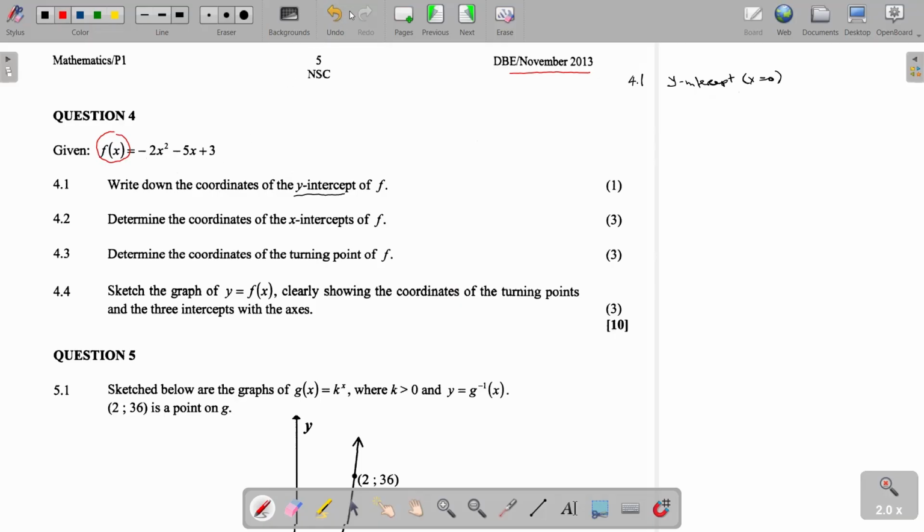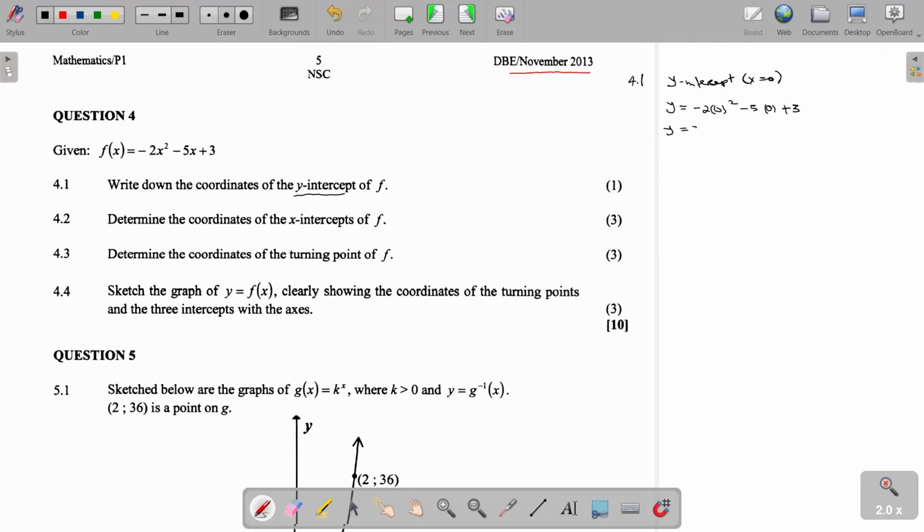So it therefore means that our y is equal to minus 2 times 0 squared minus 5 times 0 plus 3.